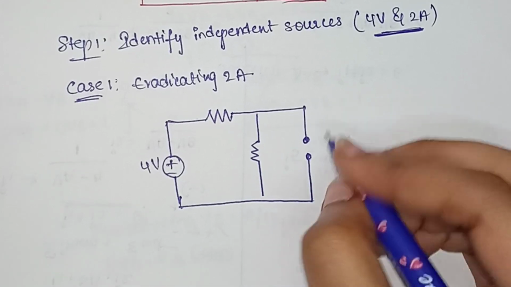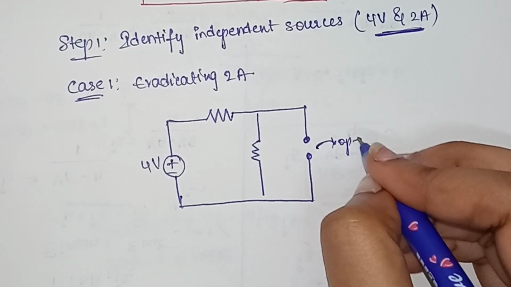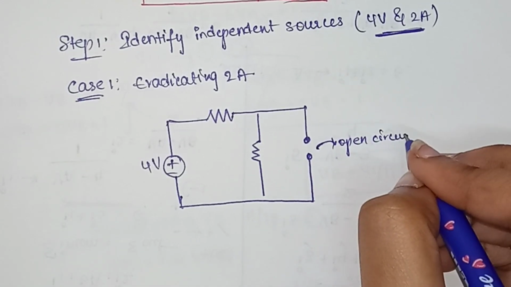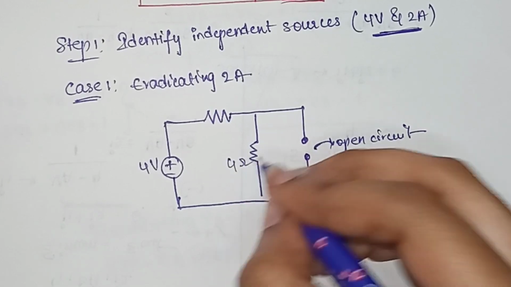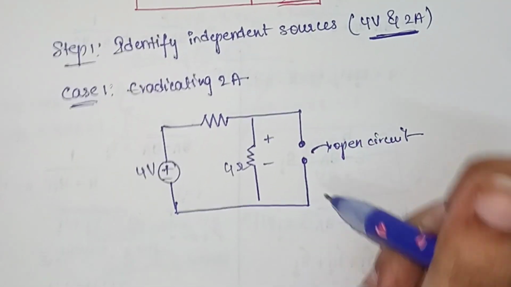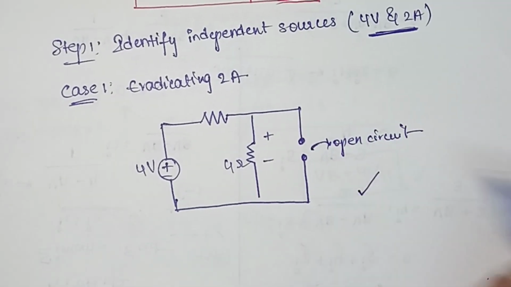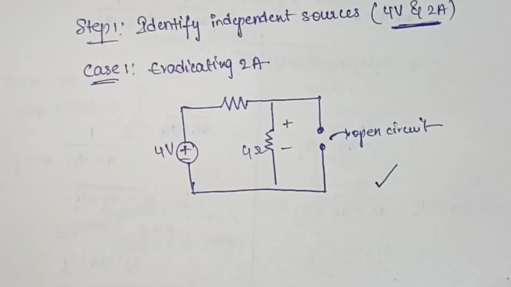Since we are dealing with current, this is our open circuit. And this is our 4 ohm resistor with plus and minus. Okay, so this is our updated diagram now.